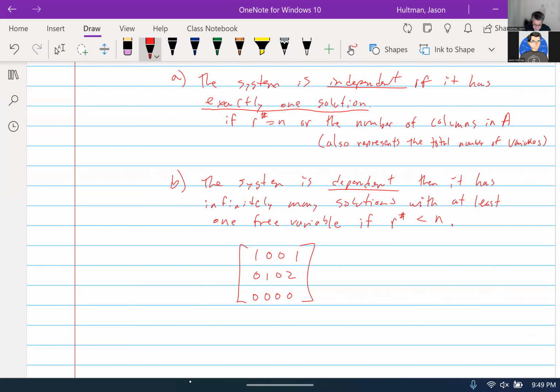Here R is equal to R pound, which is equal to 2. But that's less than N, less than my original dimensions on my coefficient matrix. My coefficient matrix was 3, so obviously 2 is less than 3, and so it has infinitely many solutions.